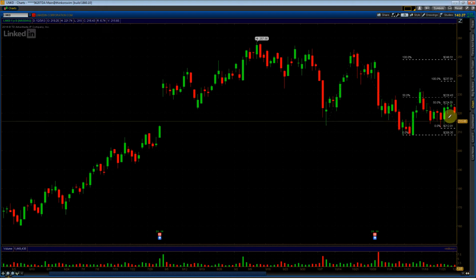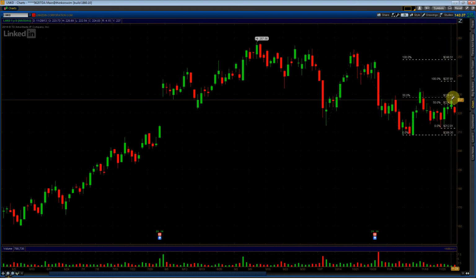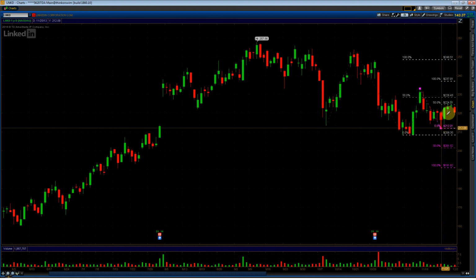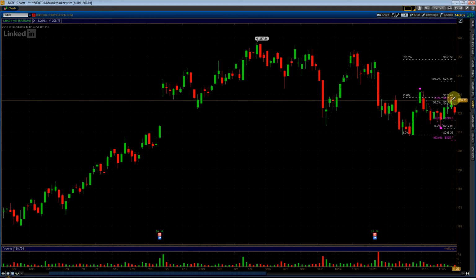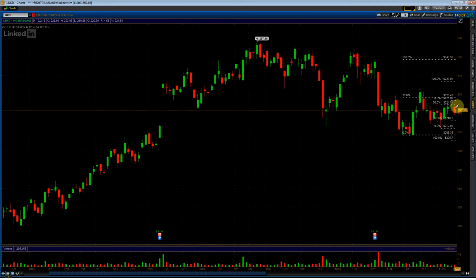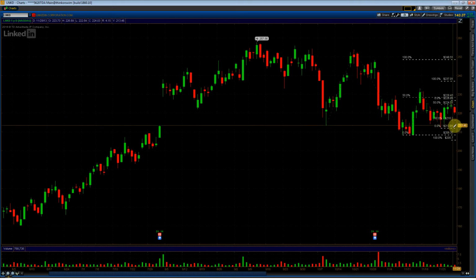And as we get to this point, we can still remain in our long, but we then have to mark from this high to this low and to this high to give us another idea of a projected area for a puts play.